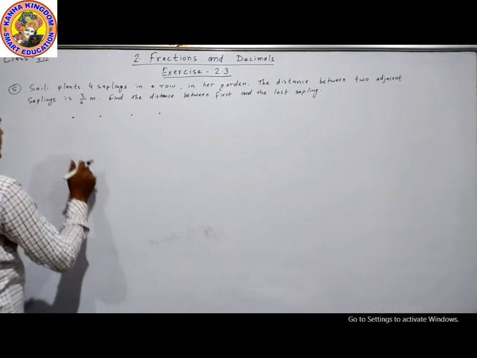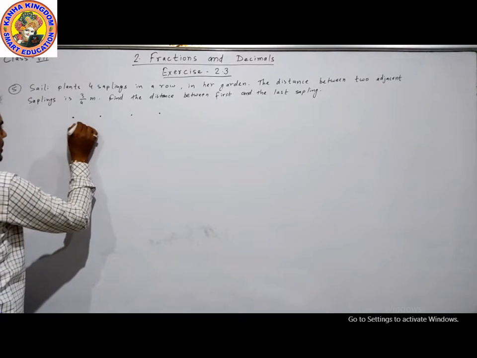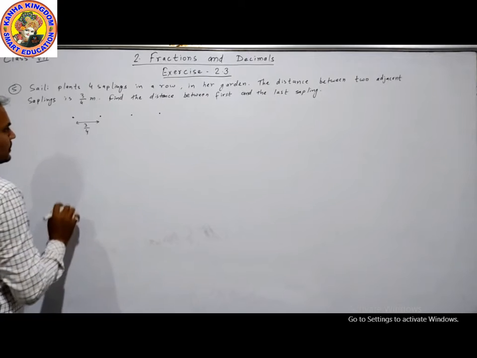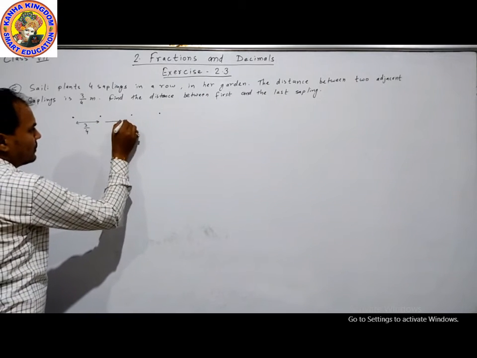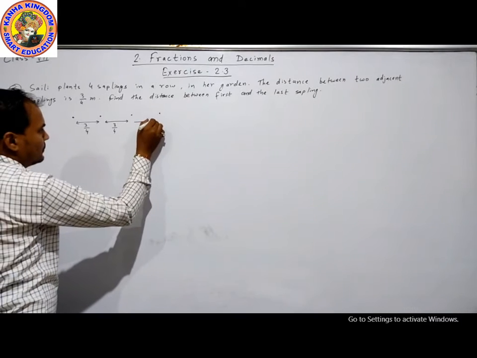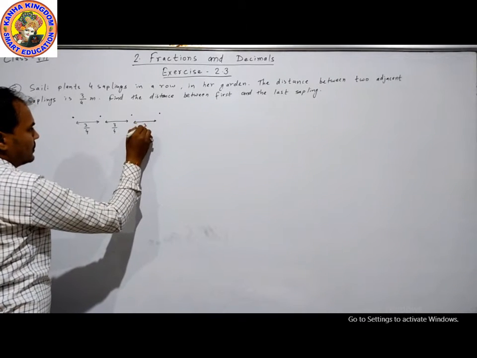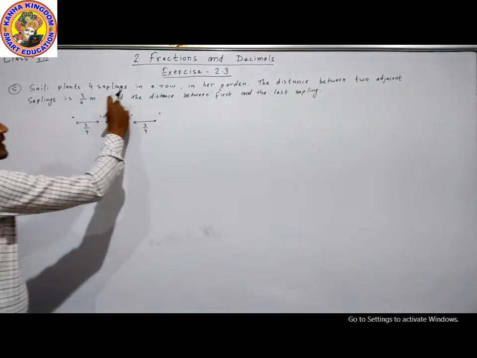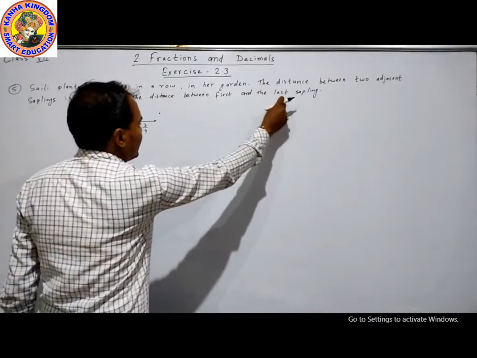The distance between two is 3 by 4 of every. Find the distance between first and last.